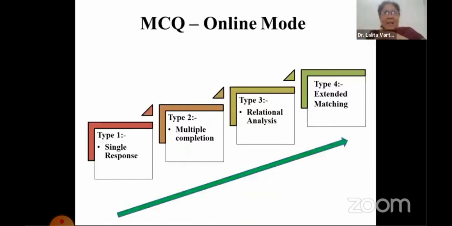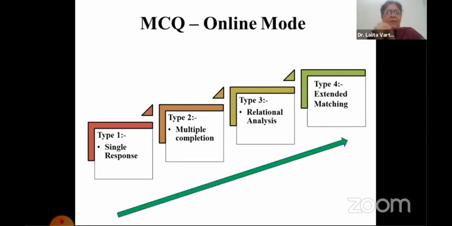You would all say that now we are talking about the new normal. So MCQs would be very, very effective as an assessment tool, I would say, in the online mode. And even in case of MCQs, you can have a variety of questions.